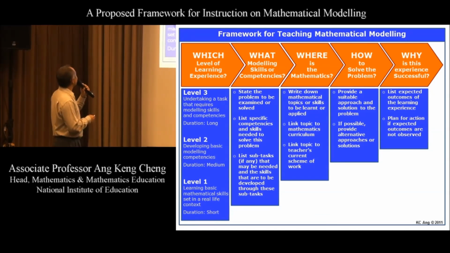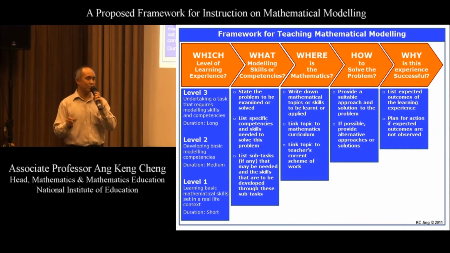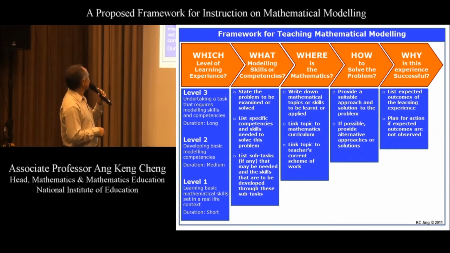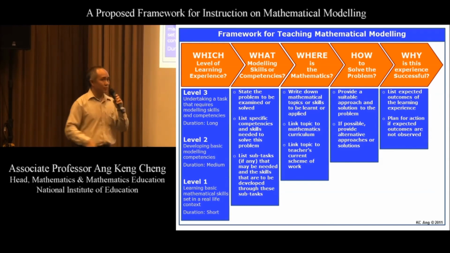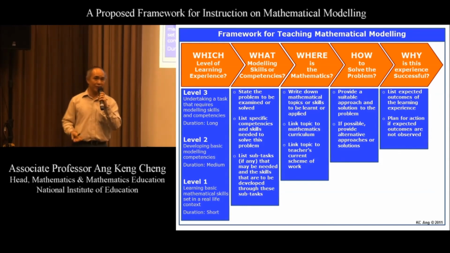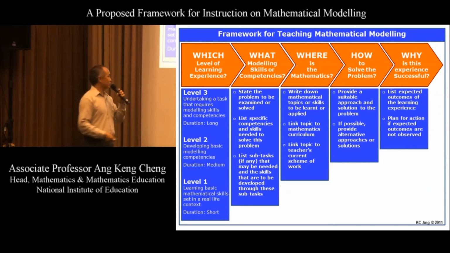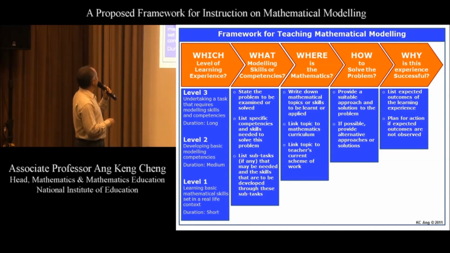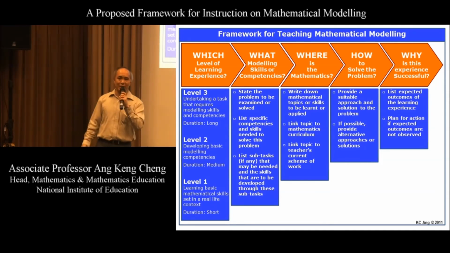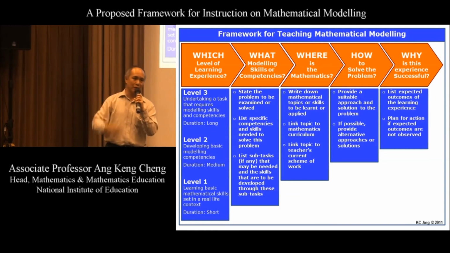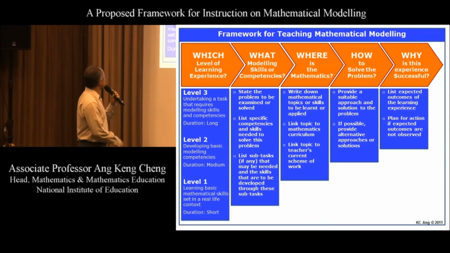And for modeling skills or competencies, probably you need to state the problem very explicitly, and the teacher lists the competencies and skills that you want to see developed in your students through the task, and perhaps you could list some sub-tasks that could help scaffold the activity.